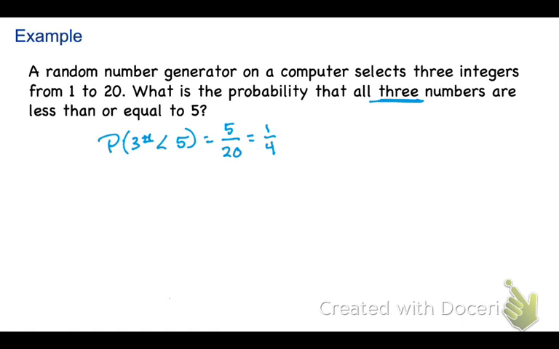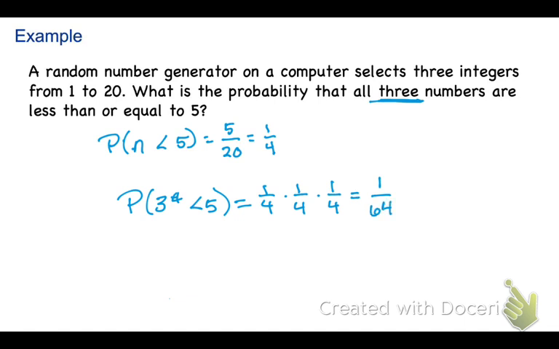So the probability of n being less than or equal to 5 is 1/4, but the probability of getting 3 numbers less than or equal to 5 is 1/4 and 1/4 and 1/4, so it is 1/64. So you just have to figure out the probability of 1 and then you keep multiplying.